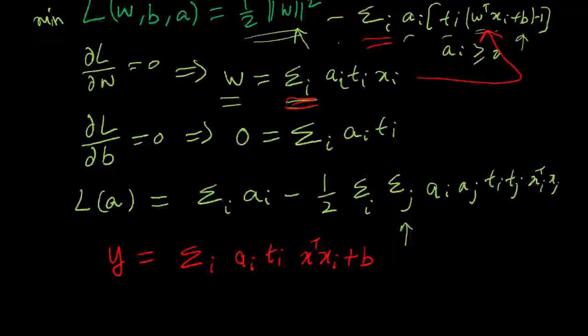And we can plug in the value of b whenever we can solve for it. So notice a couple of things here. We have been able to change the equation so that x does not appear alone. It actually appears as pairs of training points, xi and xj.